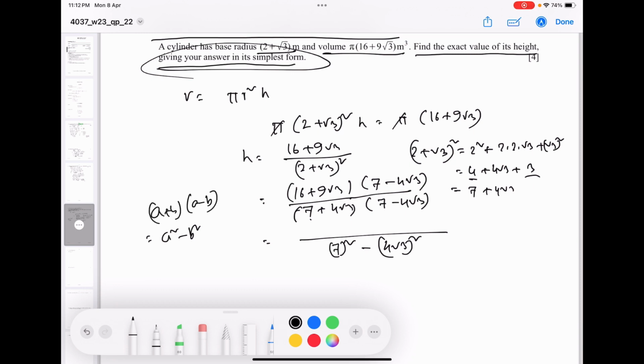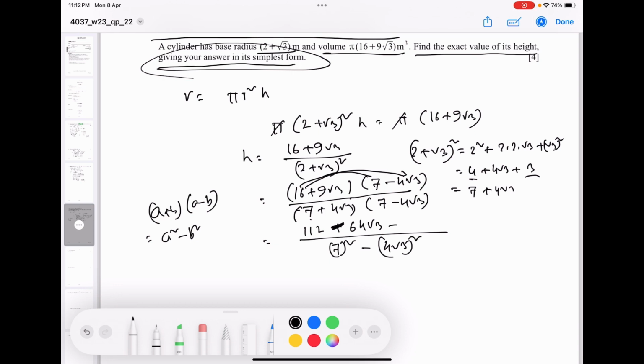Now we can multiply: 16 times 7 is 112. Then 16 times 4 is 64, so minus 64 root 3.